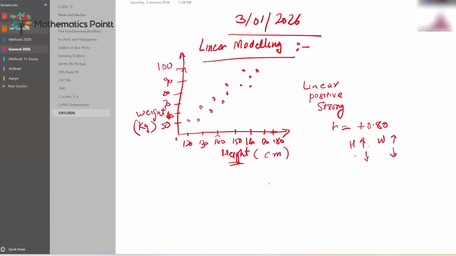Now if I ask you, tell me how much is the weight of a person whose height is 120 centimeters. You'll say, okay, let me quickly check your scatter plot.